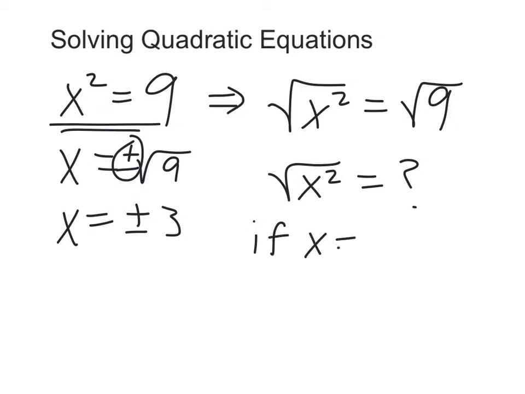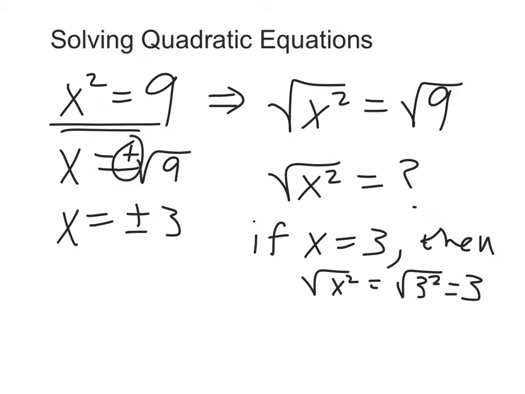If x is, say, 3, then square root of x squared is 3, which is x. So in that case, square root of x squared is x. What if x equals negative 3?